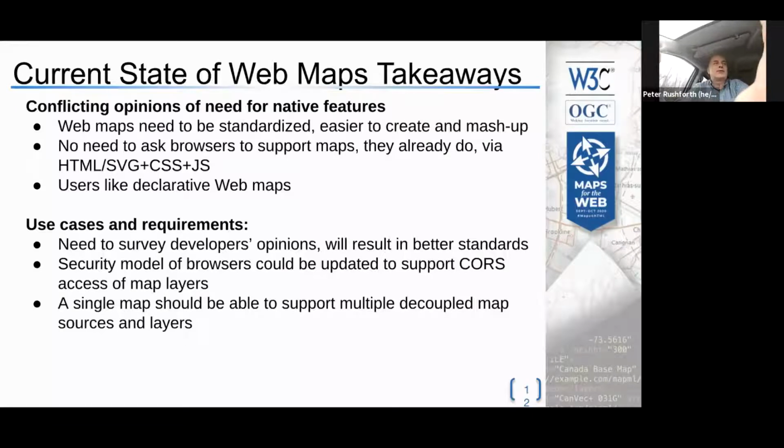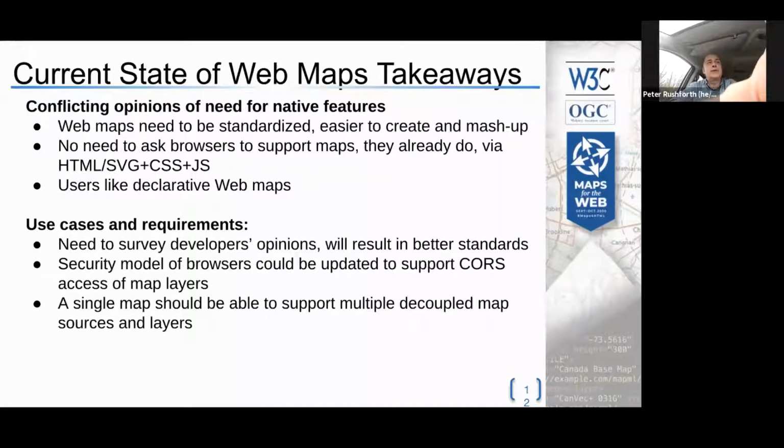And yet, users do like declarative web maps. So finally, in terms of the use cases and requirements, we need to survey developers' opinions, and I'll touch on that a little bit more later on.